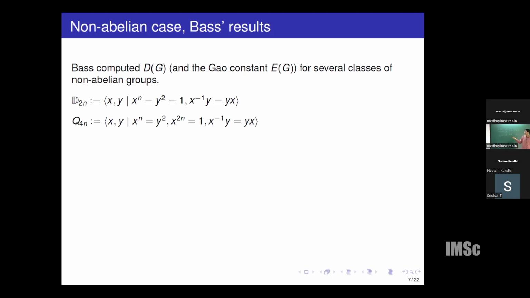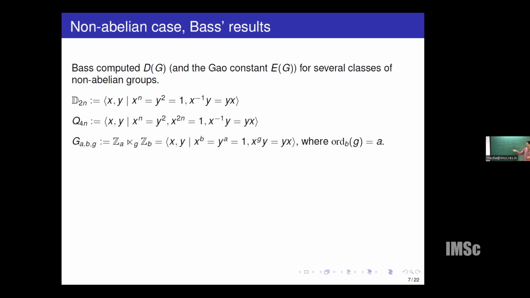X to the power n is again y squared, but instead of x to the power n being 1, we just have x to the power 2n is 1. And in fact, if you take Q4n and go modulo the subgroup generated by y squared, then it will actually be D2n. And also we have the metacyclic group Za semi-direct Zb, which we describe as x to the power b and y to the power a is equal to 1, and yx is equal to x to the power g times y.